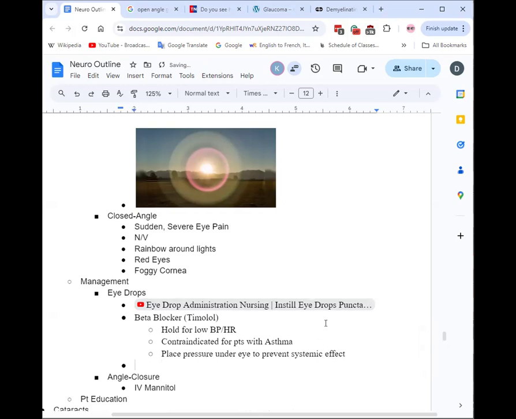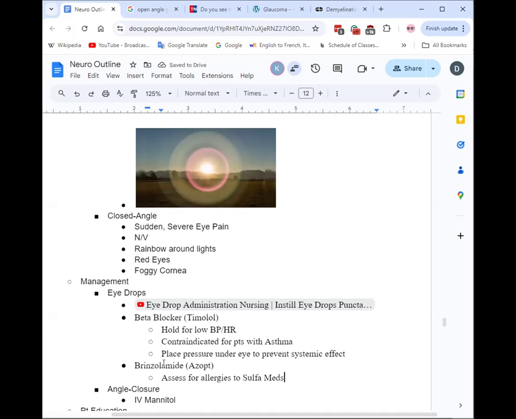Some of the other ones they have, let's see, Azopt, I think is one. I will put both the brand name and the generic name. Brinzolamide, aka Azopt. It's an amide, so I think the obvious one is assess for allergies to sulfa medications. You might see in the chart it just says allergy sulfa.